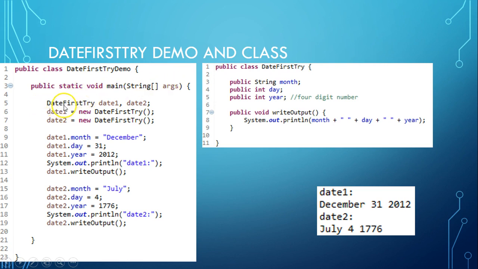DateFirstTry pretty much just tells the code to look for that class. Just like when we did Scanner objects, we had Scanner keyboard. That means that in the Java library, there's a class that says Scanner, and inside of it is a bunch of methods. The same thing goes on here. Then down here, you're invoking that object. So this is date1.month, date1.day, date1.year.